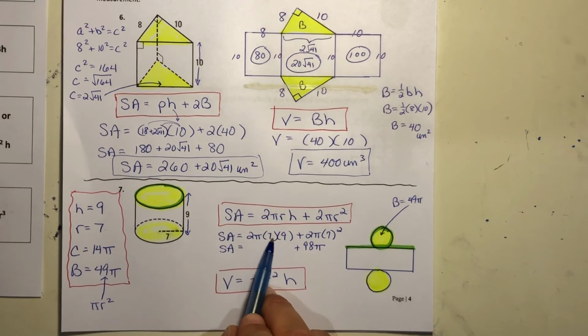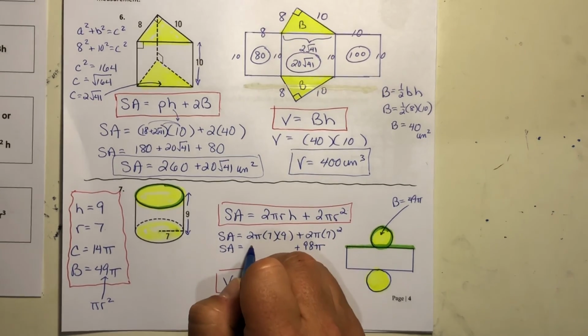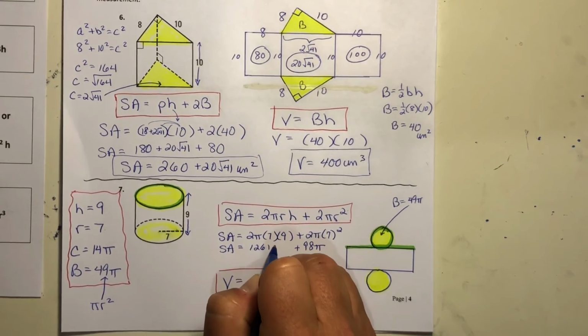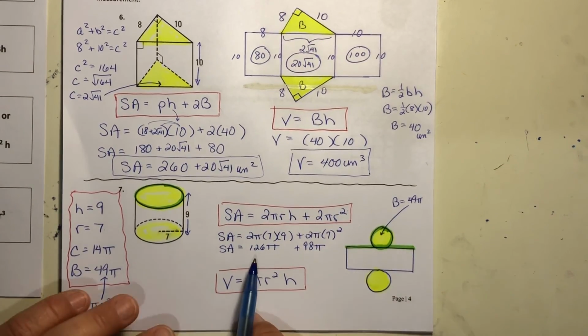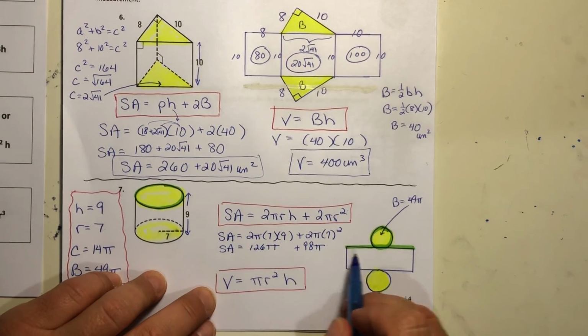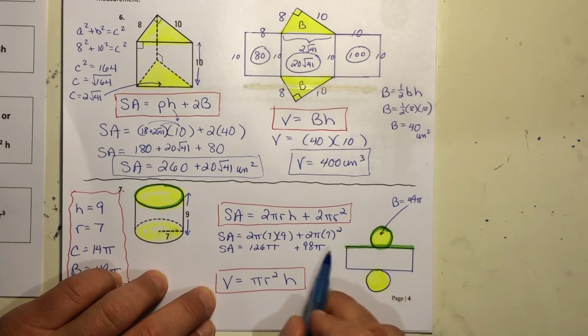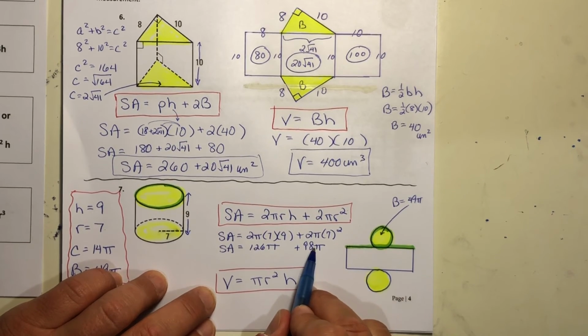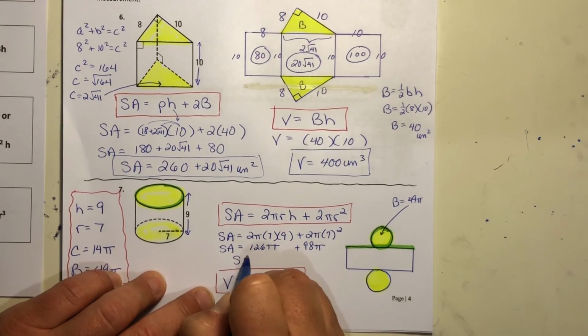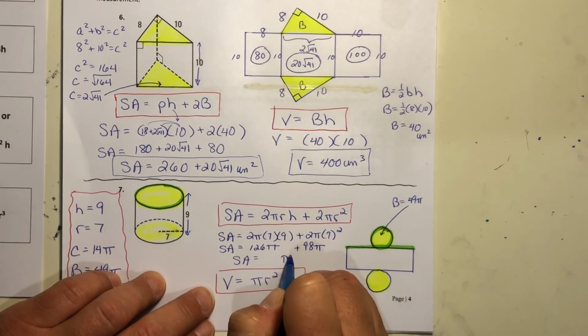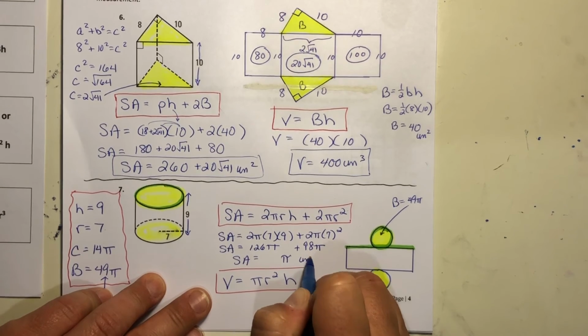Well, let's think about this. 7 times 9 is 63. Doubled is 126, and we put the pi after it, okay? So now, this is my lateral area. This is the space in the rectangle, and this is 2 circles, right? One being 49, both being 98. Our total surface area is going to be something pi units squared.